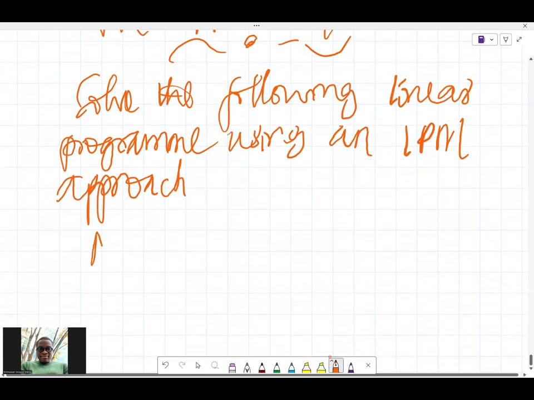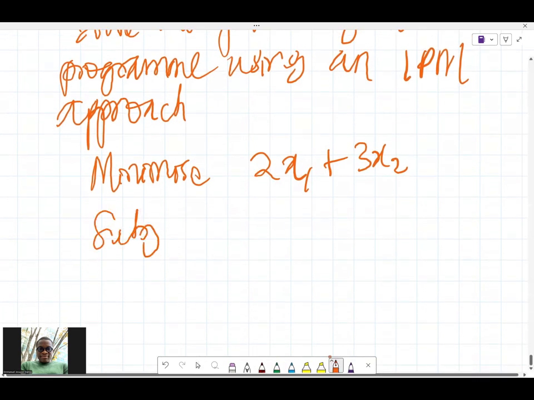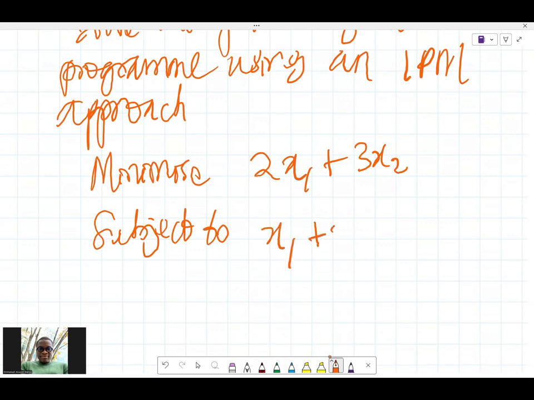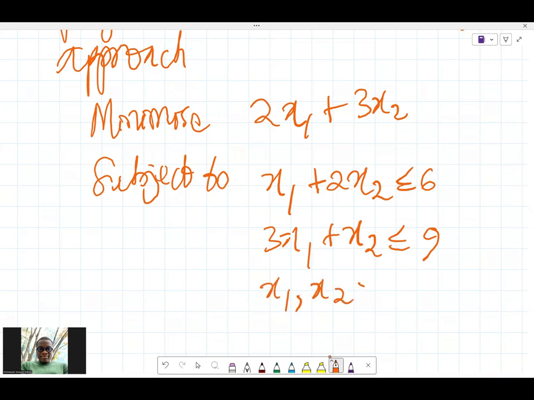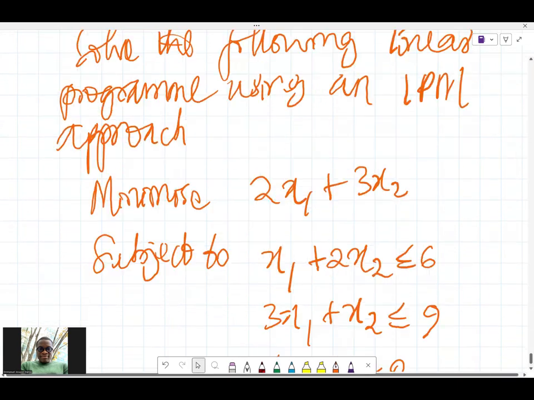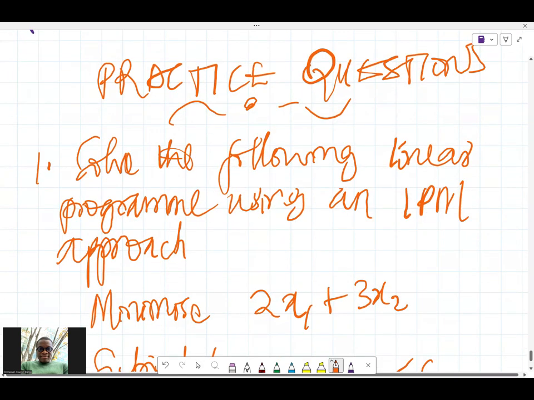That is to minimize 2x1 plus 3x2 subject to x1 plus 2x2 less than or equal to 6, then 3x1 plus x2 less than or equal to 9, and then x1 and x2 are both greater than 0. So that's 1.